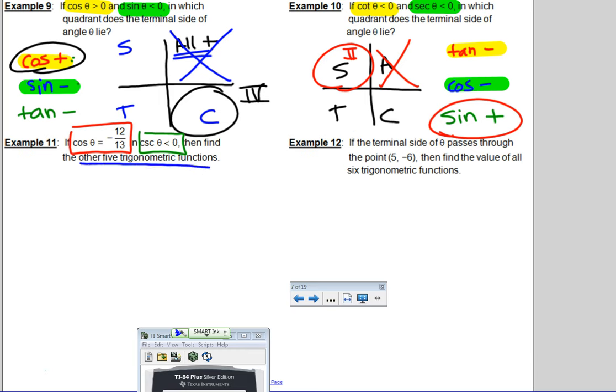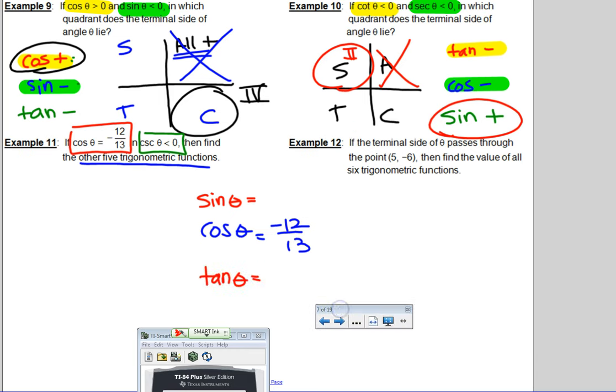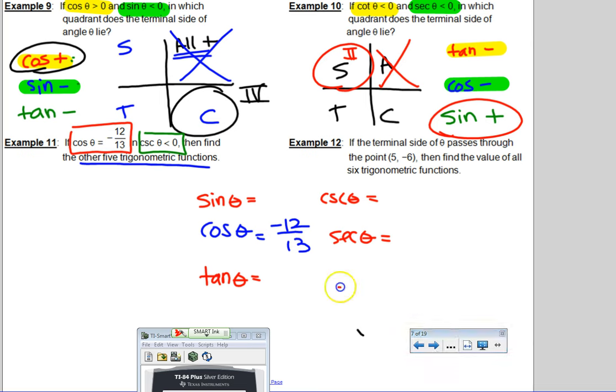So basically, they gave you cosine is negative 12/13, and they want you to find all the other ones. So sine theta, they want you to find tangent theta. They want you to find, well, sine goes with cosecant, so they want you to find cosecant. Oh, I apologize, wrong spot. Cosine goes with secant. And they want you to find cotangent.